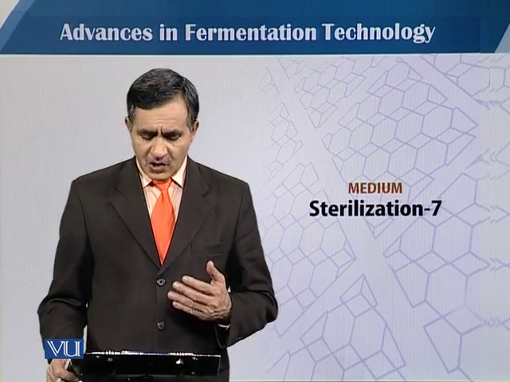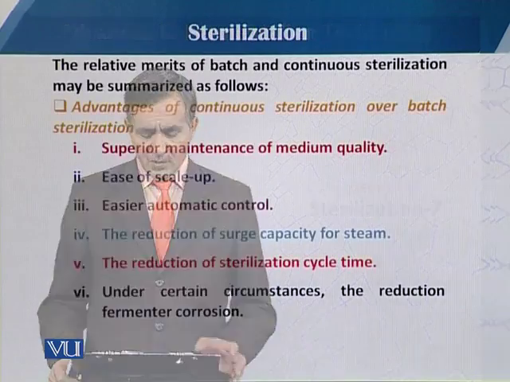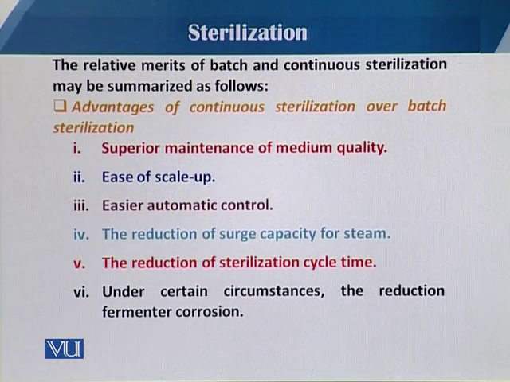On the other hand, sterilization can be divided into two types on the basis of the mode of sterilization. One is batch mode and the other is continuous mode. Each mode has its own limitations, some benefits and some disadvantages. So, the relative merit of batch and continuous sterilization.